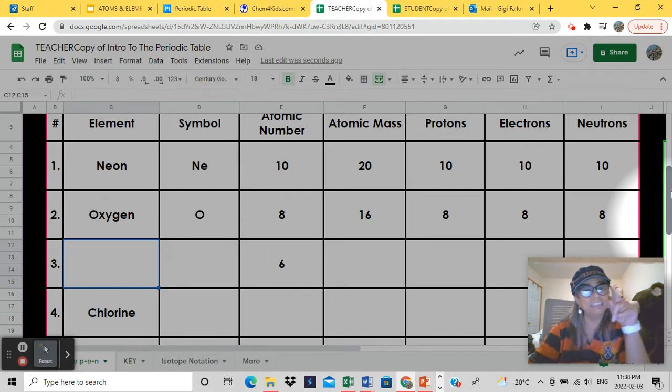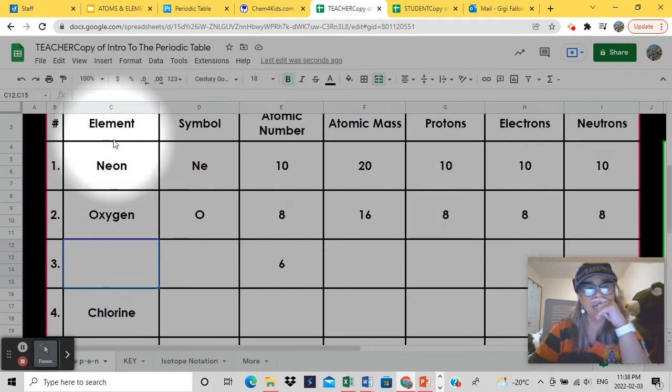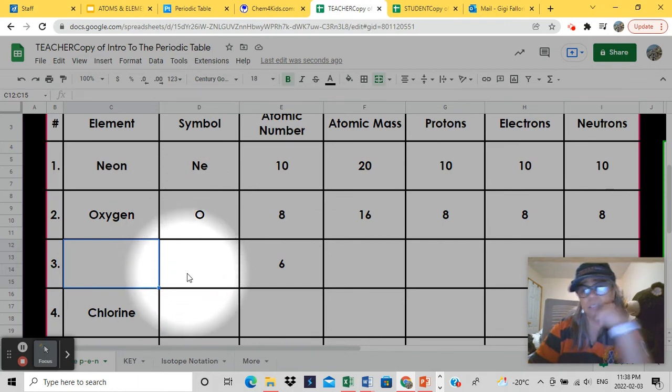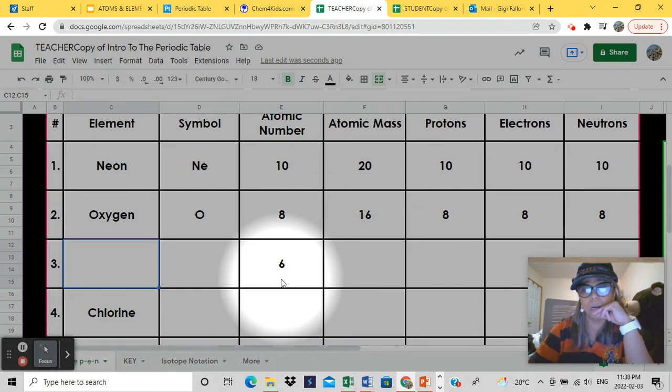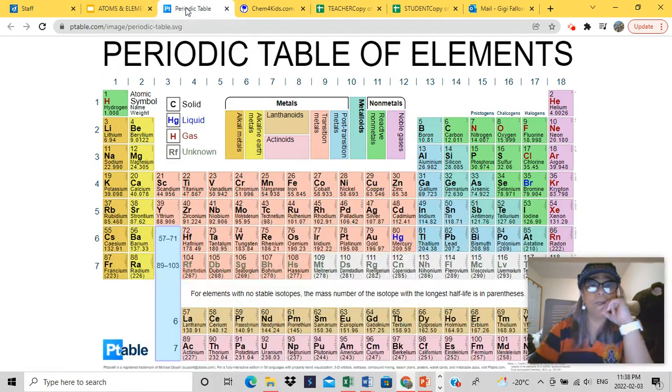So, interesting now. You are not given the name of the element. You do not even know the symbol. So how can you fill that one out? But you are given the atomic number. So if I go to the periodic table, the atomic number is 6. What is 6?